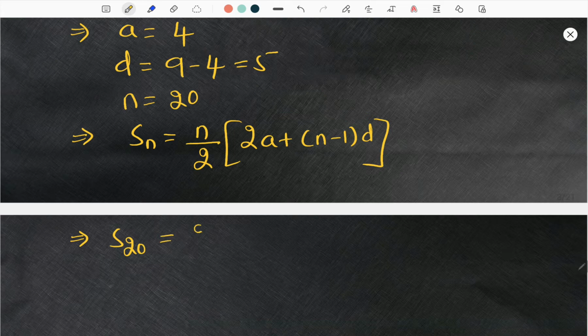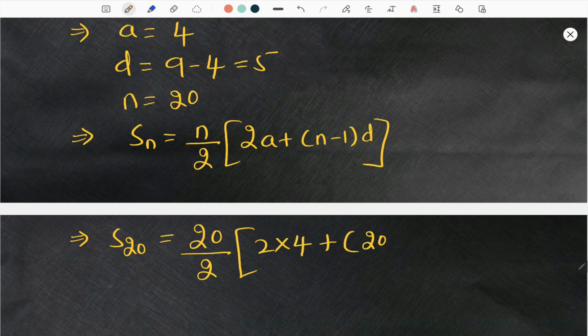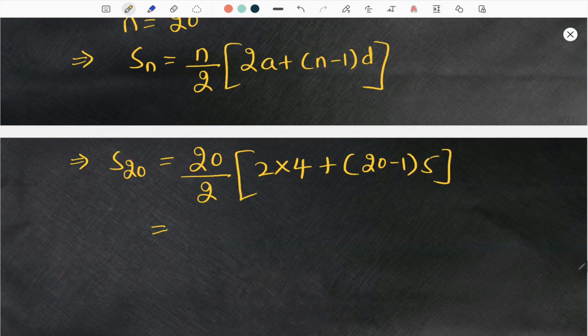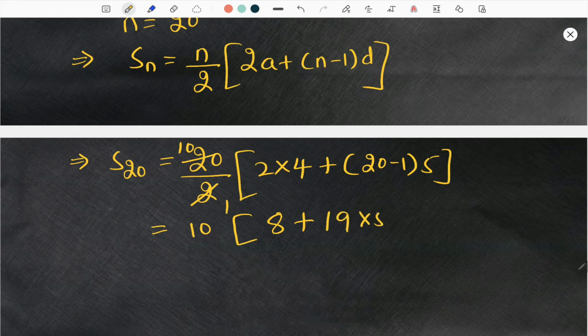S20 is equal to 20 divided by 2 bracket 2 into a, which is 4, plus n minus 1, which is 20 minus 1, into d, the value of d is 5. Look at this, 9 minus 4, we got 5. 20 by 2 is 10, bracket 2 into 4 is 8, plus 19 into 5.